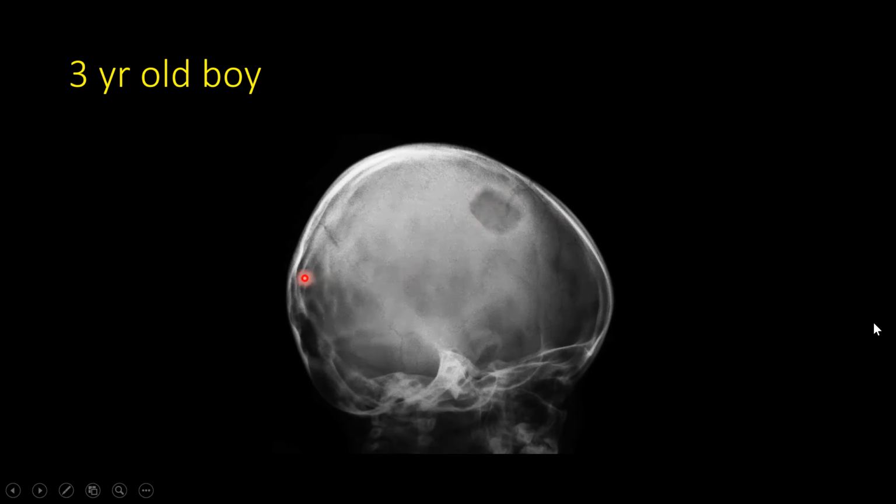This is normal areas, but here a lytic destructive lesion. So in children, lytic lesion in the skull, the first diagnosis, and I would say the only diagnosis we should suggest, is Langerhans histiocytosis. It is written here down in the notes, you will see.